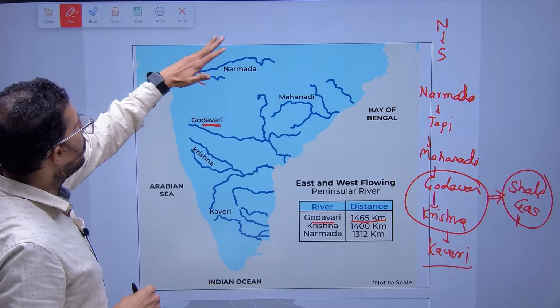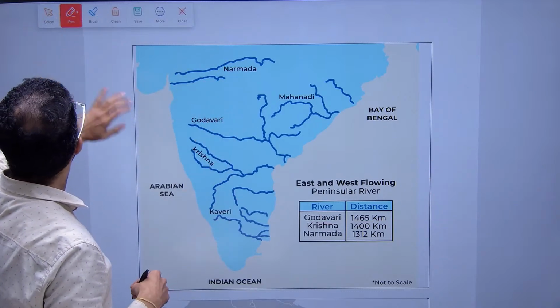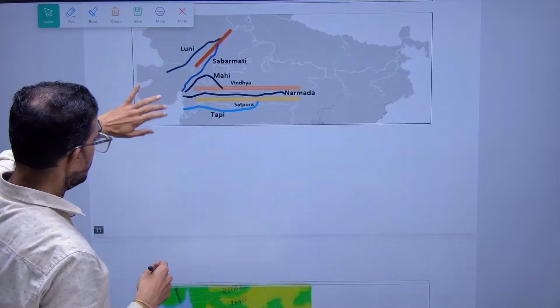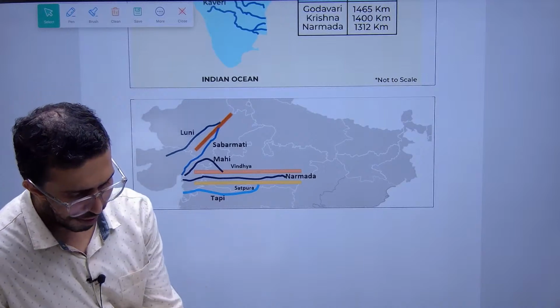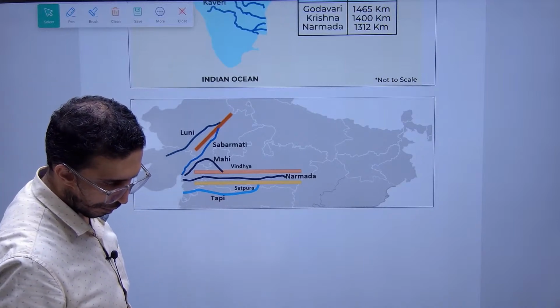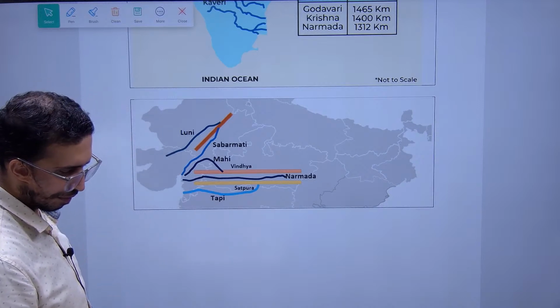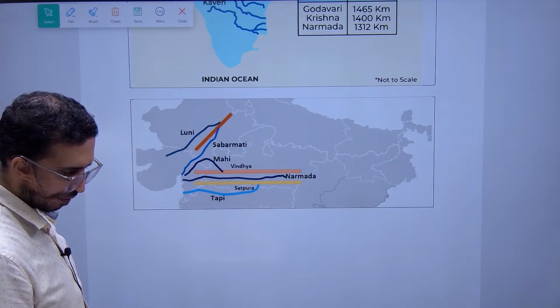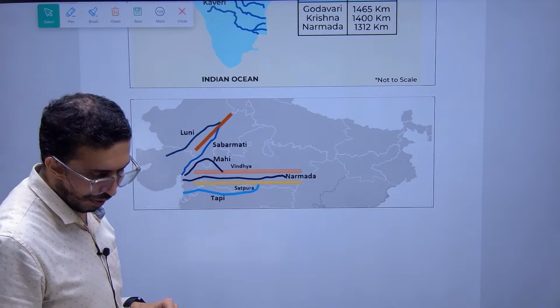Now talking about the west flowing rivers. See this, the west flowing rivers.